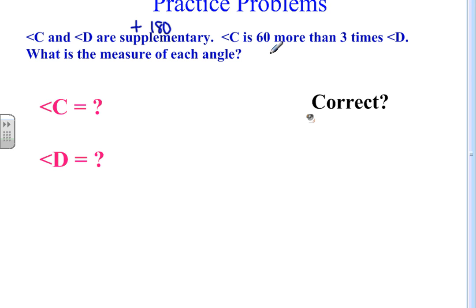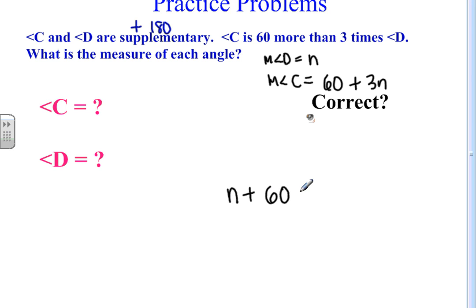So I'm going to call the measure of angle D, I'm going to call that N. Angle C, the measure of angle C, is 60 more than 3 times D. So angle D's measurement is N. Angle C's measurement is 60 plus 3N. If they're supplementary, then those two should add up to 180.